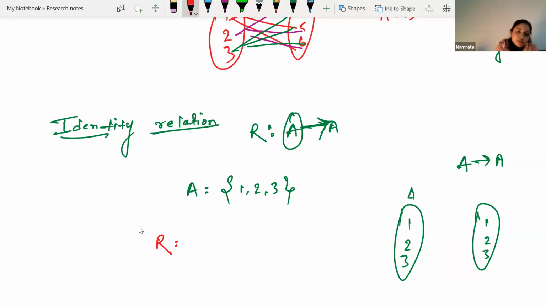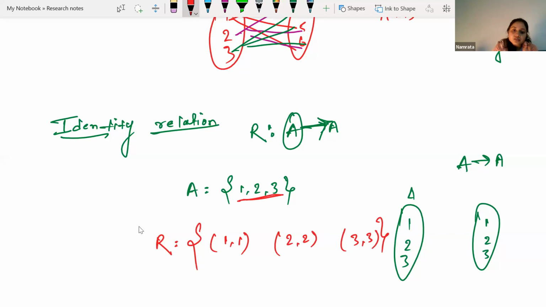So the example of this one is 1, 1, 2, 2, 3, 3. If each and every element of this set is related to itself only, then we can say this is an example of identity relation.